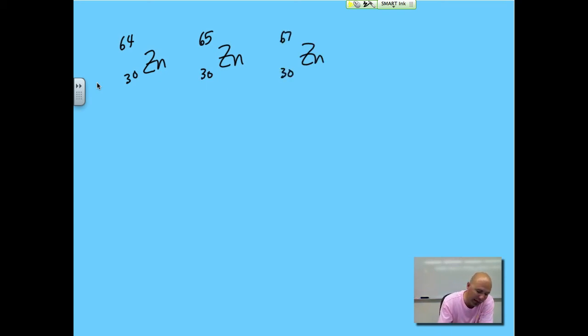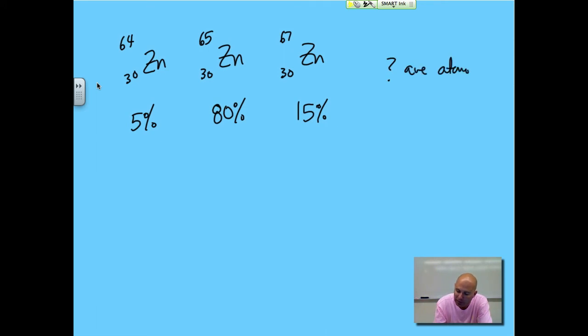Say we have 5% of this, 80% of this one, and 15% of that isotope. I want to know what is the average atomic mass of these.